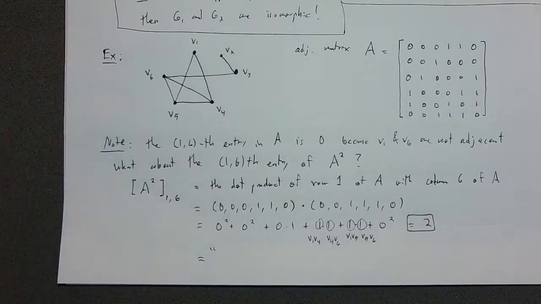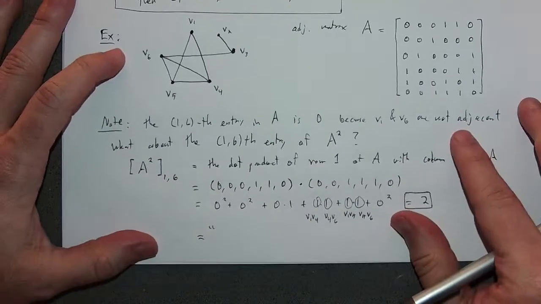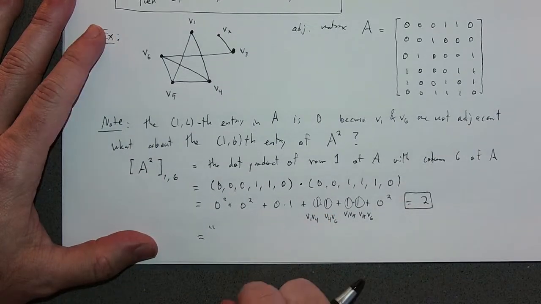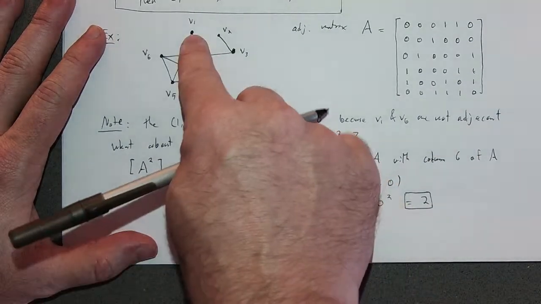Does someone know what words I should use about what is being counted? Well, this is the number of two-edge walks from v1 to v6.